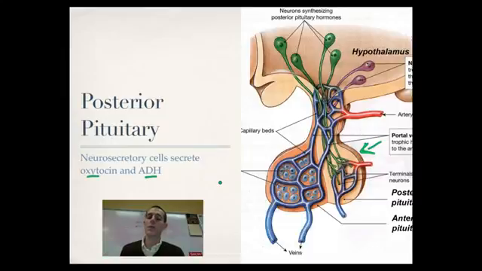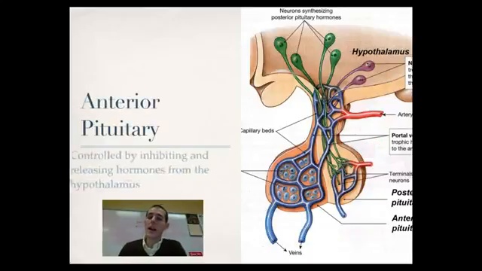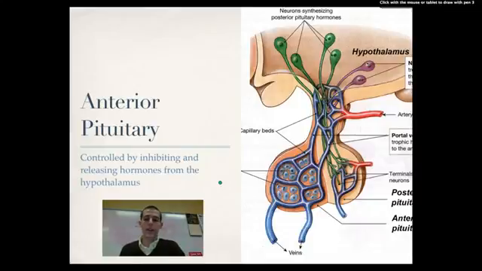And also posterior pituitary, know that it does receive signals directly from the nervous system, which is different from the anterior pituitary. If you look over at our diagram here, the anterior pituitary on the front doesn't have any of these neurosecretory cells hooked to it. If you follow those, they go to the posterior pituitary. Anterior pituitary doesn't have that.